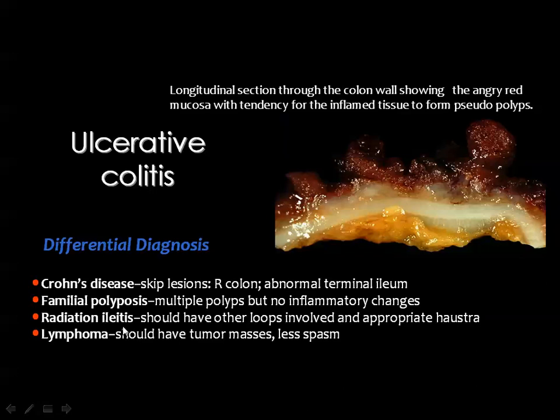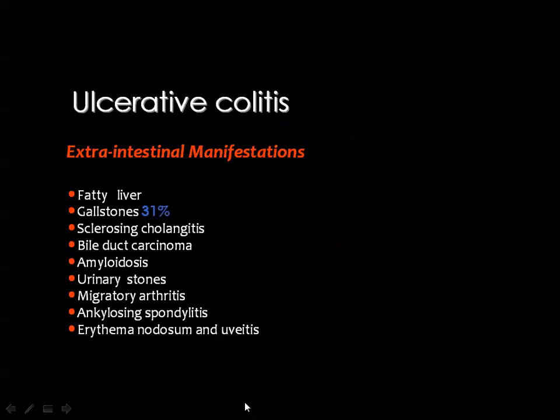In radiation ileitis, there should be a history of radiation, and the affected bowel is still showing the haustra. Lymphoma is a diffuse disease affecting the wall of the colon.